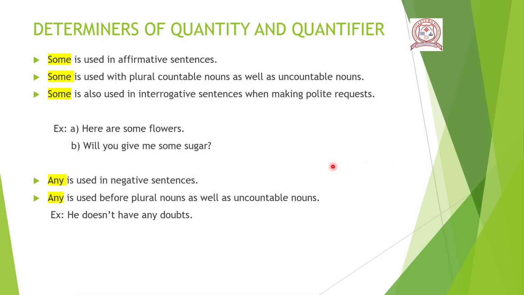Coming to the next one, some is used in affirmative sentences. Some is also used with plural countable nouns as well as uncountable nouns, and in interrogative sentences when making a polite request.